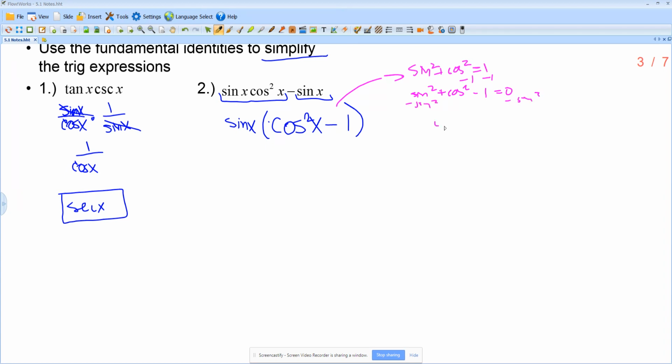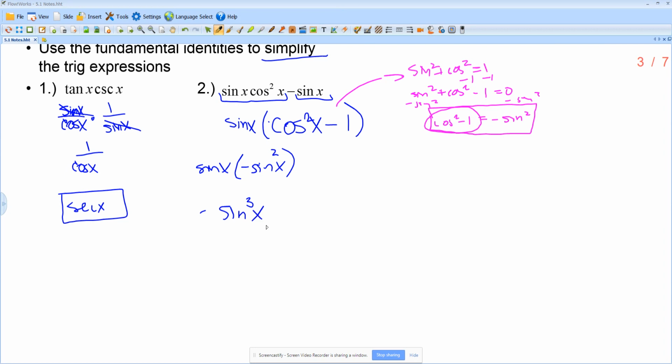So I'd get cosine squared minus 1 equals negative sine squared. This allows me to directly substitute, because I have cosine squared minus 1, and I know that is negative sine squared. So now I would have sine x times negative sine squared x. So this will give me negative sine cubed x.